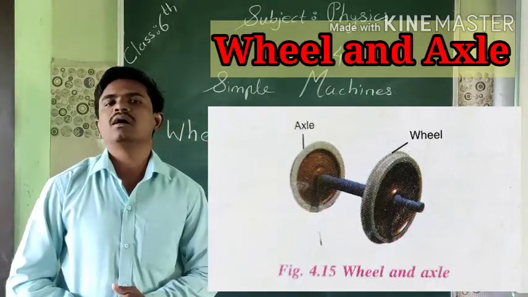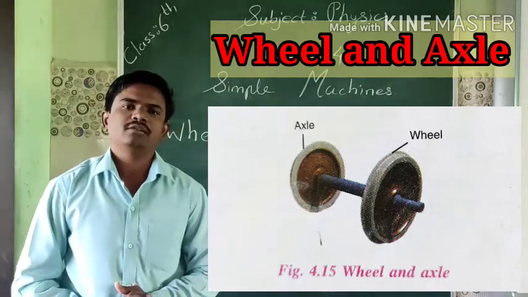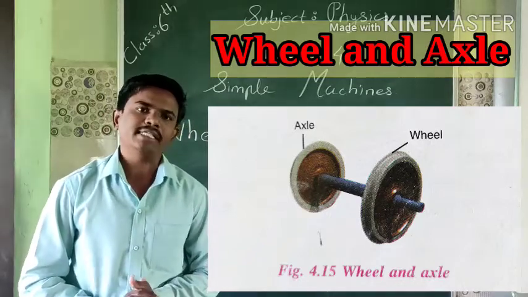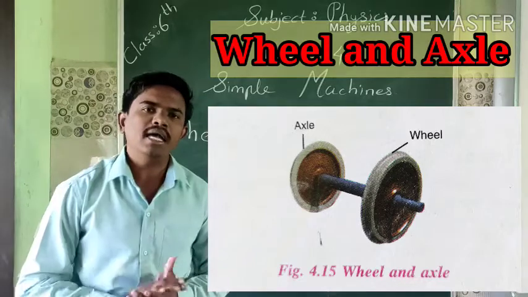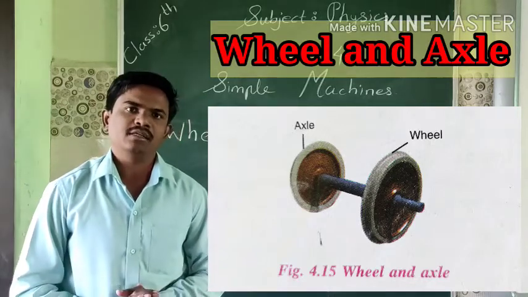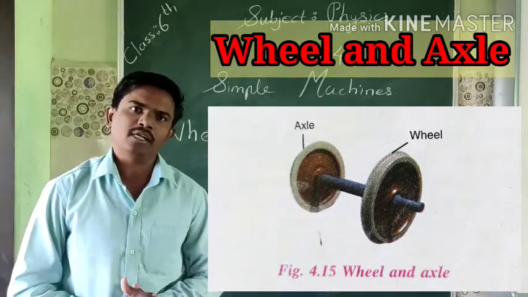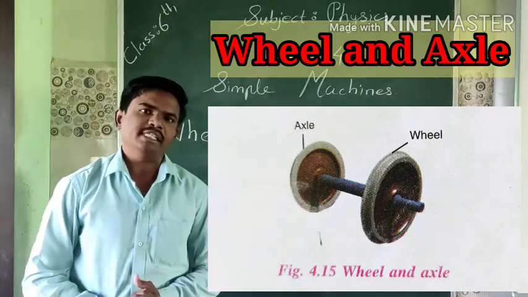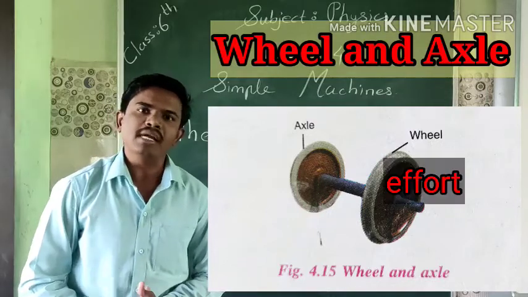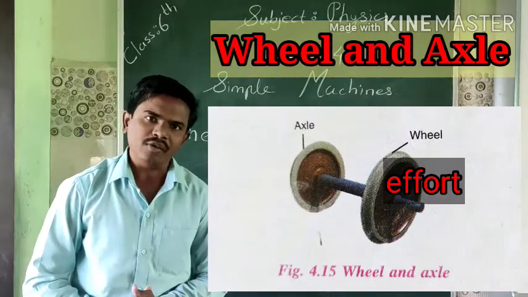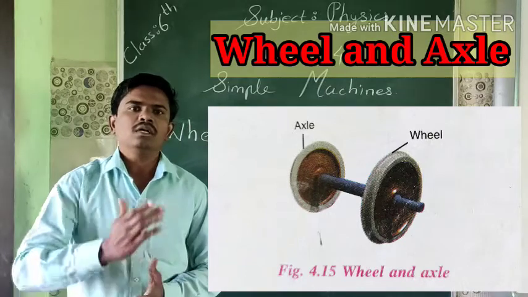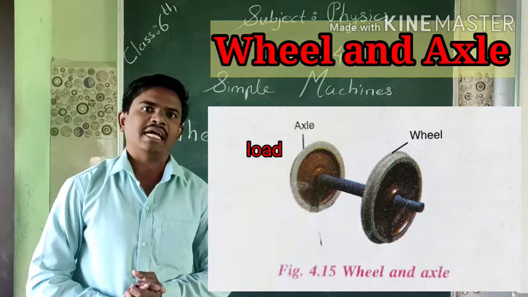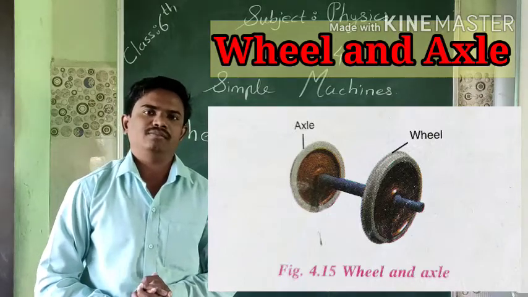The wheel is a circular object which is capable of rotating on its axis. As the wheel rotates, the axle also rotates along with it. The effort is applied on the bigger wheel, that is called the wheel, and the load is attached on the smaller wheel, that is called the axle.